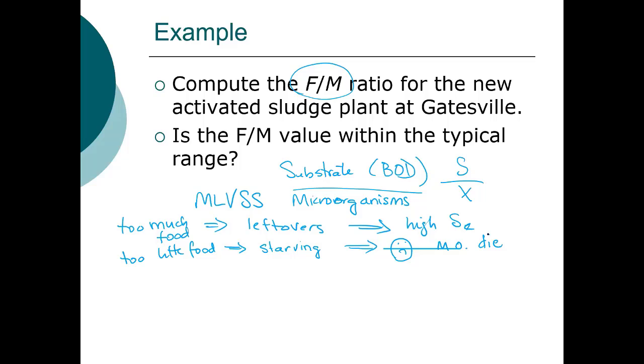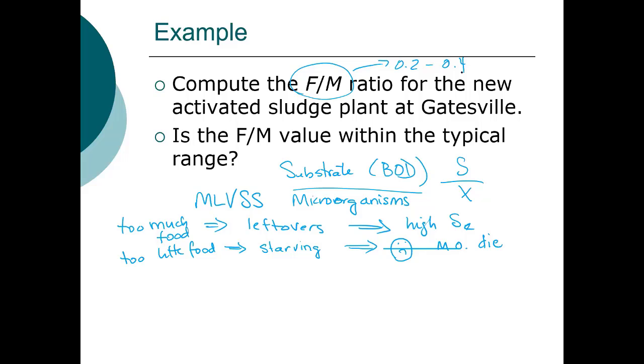Okay, so think of it this way. We want to balance the food to microorganism ratio so that we neither have lots of leftovers and sleepy microorganisms, nor starving microorganisms. Typically for a completely mixed reactor, we want this ratio to be about 0.2 to 0.4.